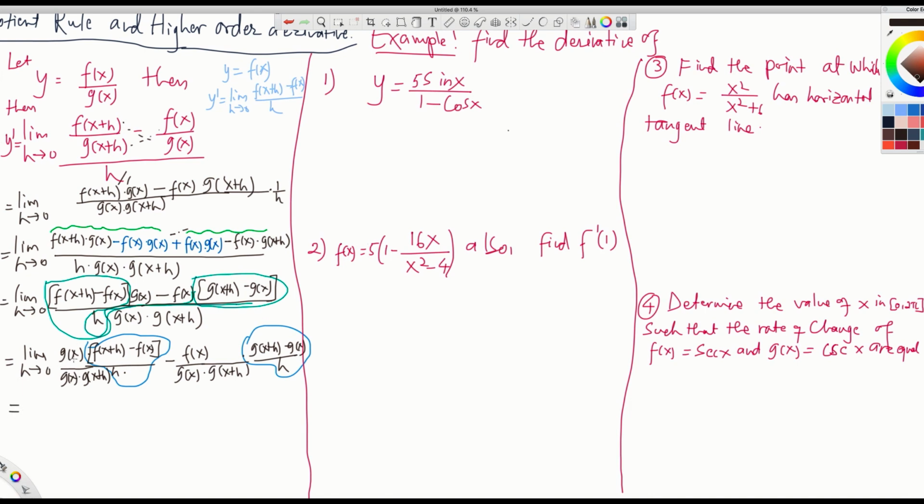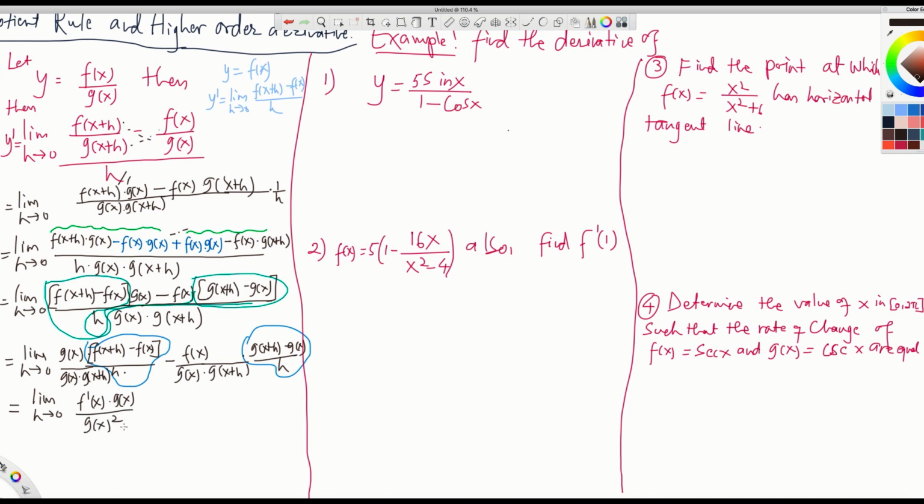So g of x times f prime of x, limit h tends to 0. Let me write f first: f prime of x times g of x over g of x square. Why?